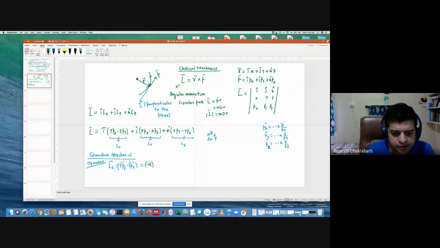If I take this minus iħ cross outside, what am I going to get? I'm going to get y ∂/∂z minus z ∂/∂y. Is it clear? So this is your x component of the angular momentum operator.